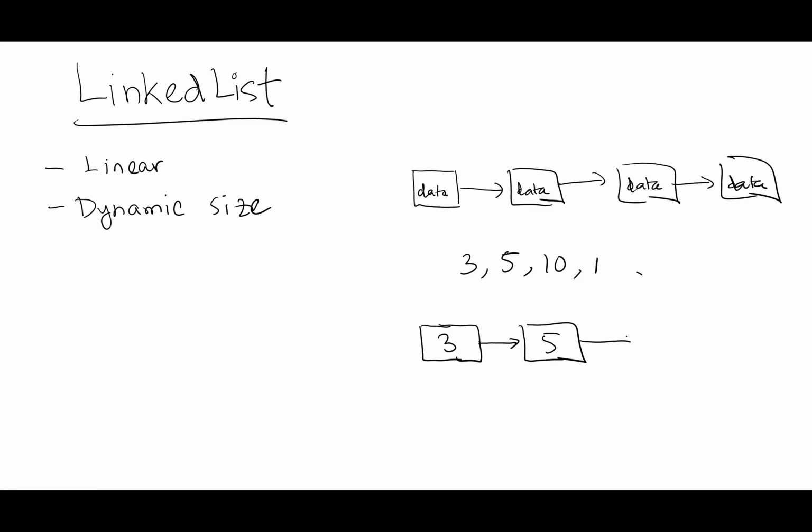Next time when another value comes, I add it to the previous node. So I keep on acquiring memory from the computer whenever a new data comes. So basically, that's why it's dynamic in size.